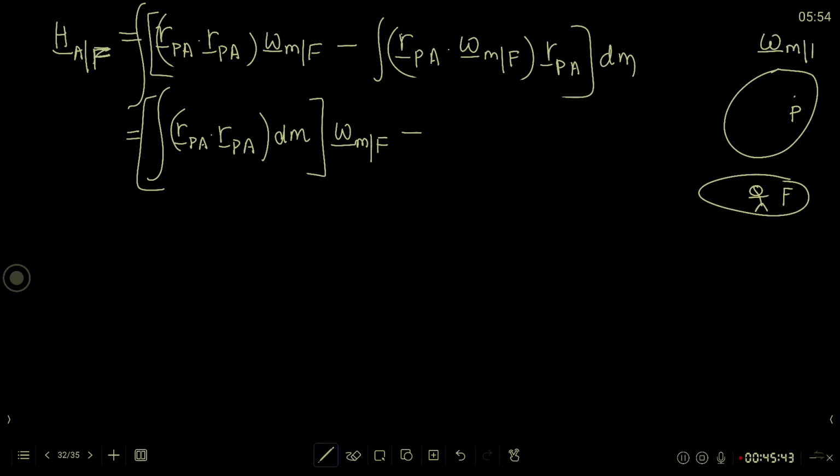P is a typical point. When you integrate, you keep changing P to various points of the RB. But the angular velocity vector remains the same. So that is coming out of the integration. However, that is not really true here. It is not easy to pull that omega MF out of this.